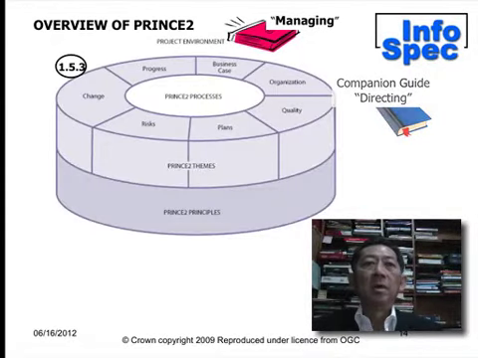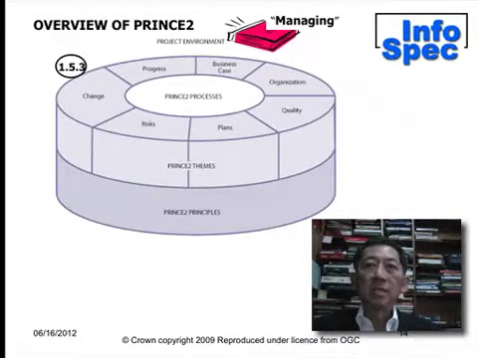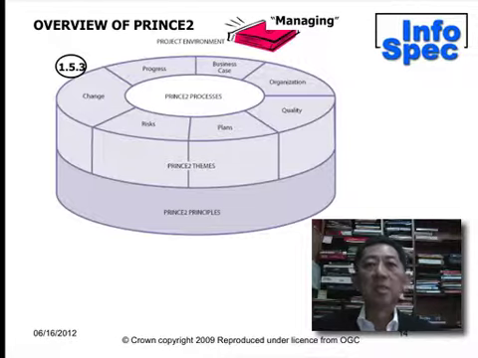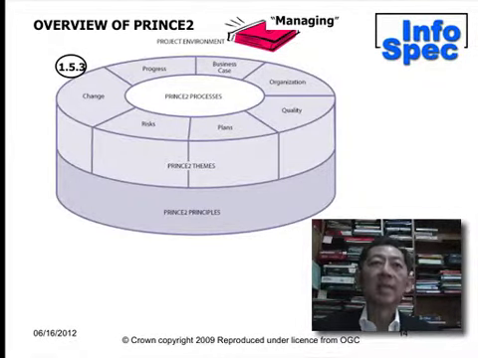Now, this diagram that you can see is taken from the Prince2 manual with copyright to what used to be called the OGC and now under the Cabinet Office of the UK.